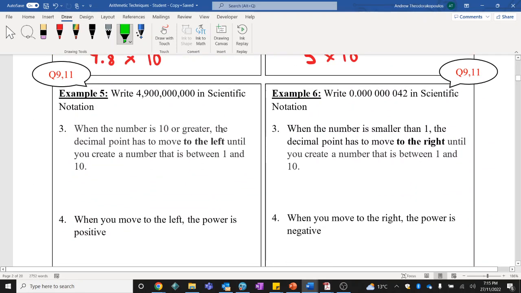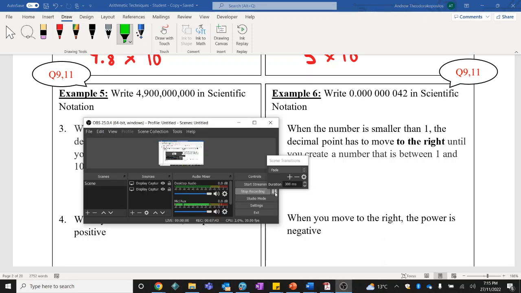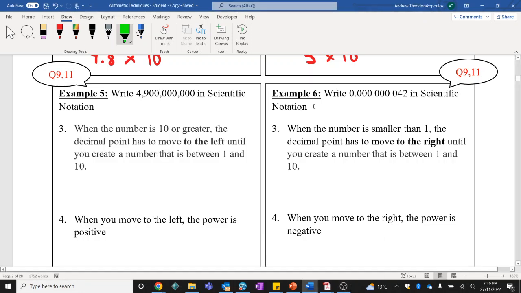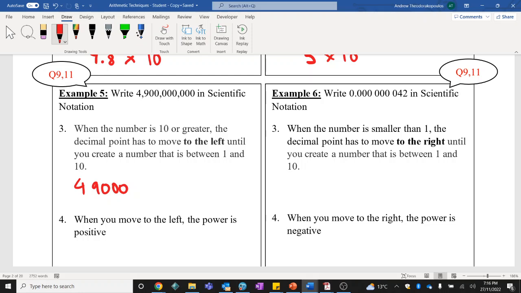Let's do that again with 2 different numbers. Let's just do the exact same thing again. So let's write down 49000,000,000. I'm just going to space it out so I know exactly how many to put down, because it's easy to make a mistake here. Now right now the decimal's at the end because it's a really big number.